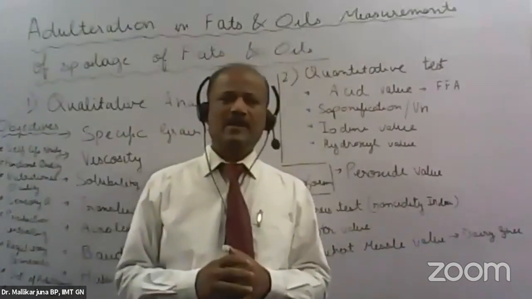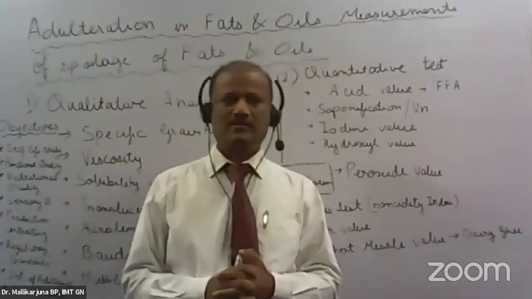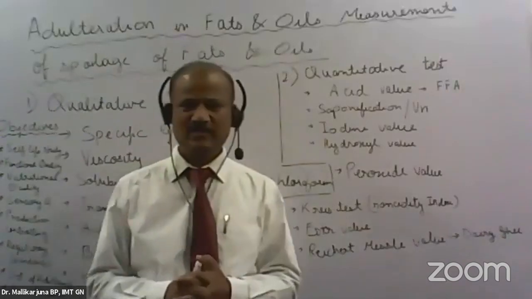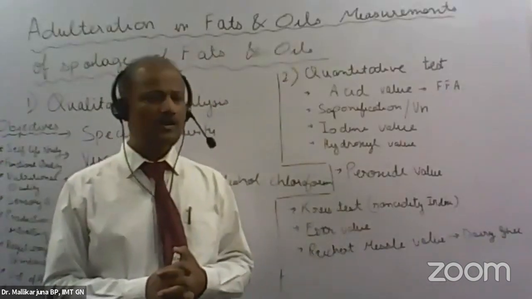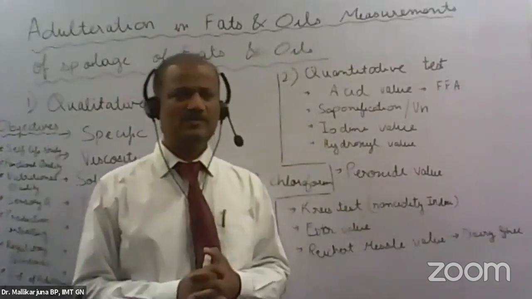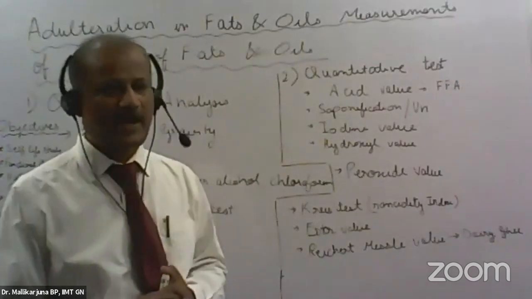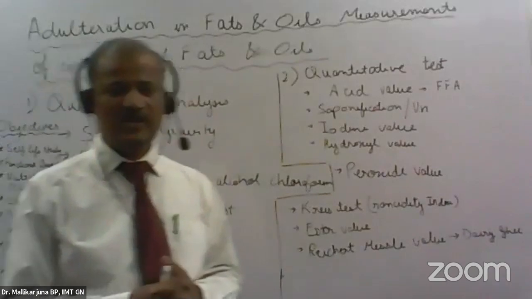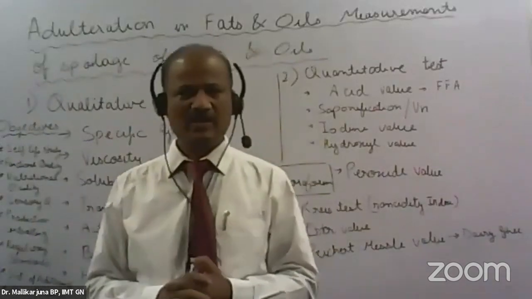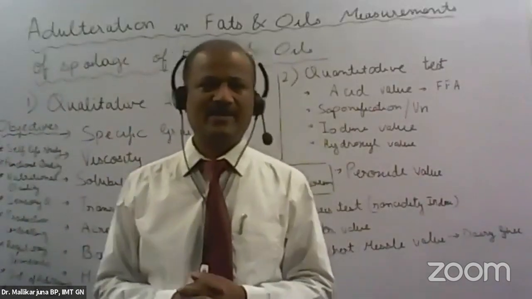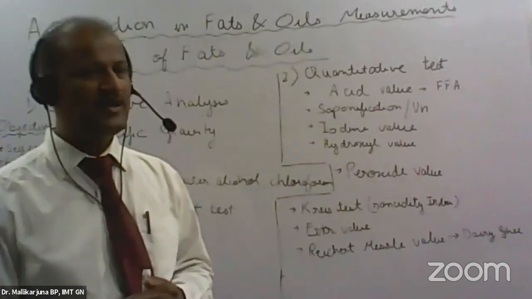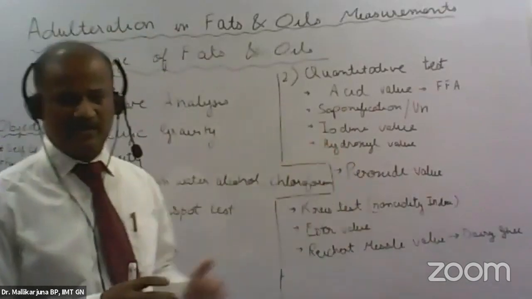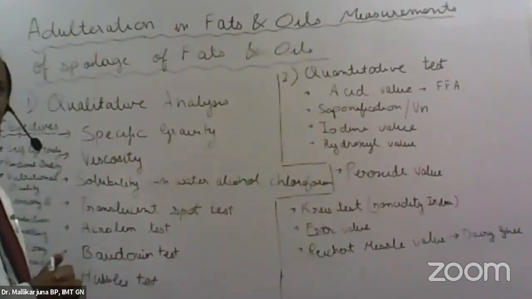These standards are fixed by the authorities or regulatory agencies, and all the oils and fats available today have to comply with these values. If there is a deviation or variation in compliance, it indicates that the oil is unfit for human consumption. So that is another objective for which we have to analyze oils and fats.